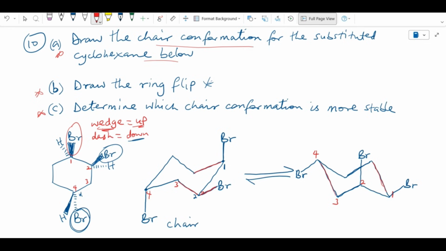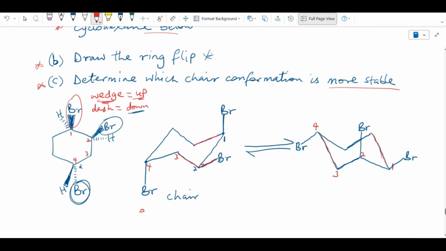The next question then asks us to determine which of the chair conformations is more stable. The more stable will be the one that has the bromo group, which is the bulky group, in the most equatorial position. So the equatorial bromo group here is just 1.